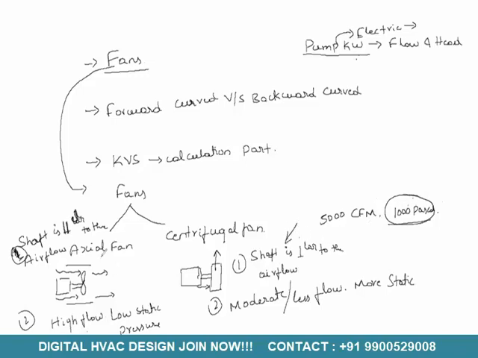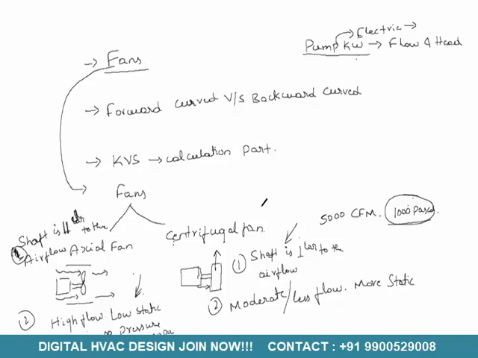For example, in an axial fan, flow is more, say 10,000 CFM, but about 500 or 250 Pascals ESP. In this case we will be using axial fans. This is the main difference you should know as an HVAC engineer, where to use axial fans and where to use centrifugal fans.